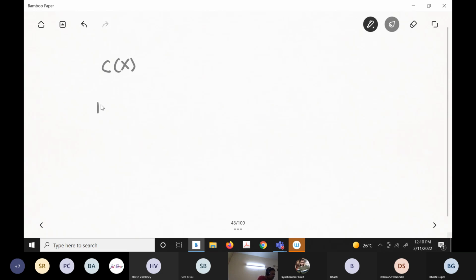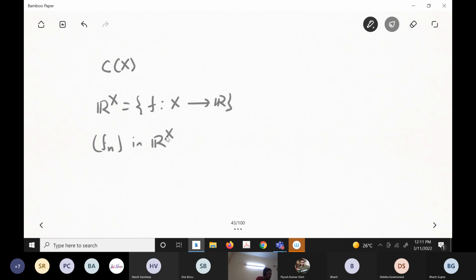Suppose R to the power X, remember that R to the power X means the collection of all functions from X to R. So if you have a sequence of functions in this, here I am not talking about any topology, but I can give a metric first; then it will come here when X has a topology.